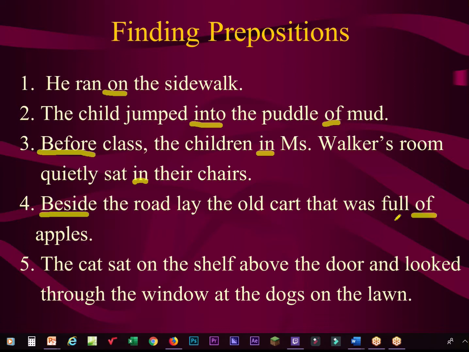There's of again. Number 5, on, another two-letter word. Here's one that talks about space. Through the window, we could say walked through the door. At, like he was at the tree, he was on the tree. All of those are your prepositions.